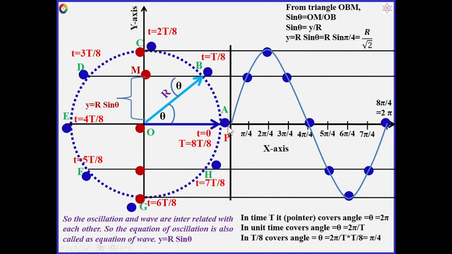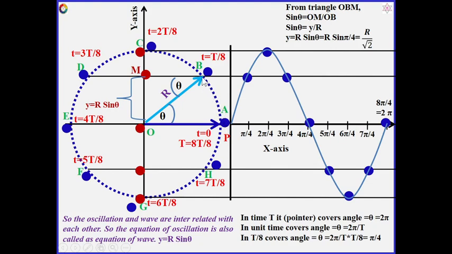Let the particle take a time, suppose capital T, to cover the whole circumference, the whole 2 pi angle, and I divided the circumference into 8 parts. So if 8 parts, then the time taken for each part will be T by 8.